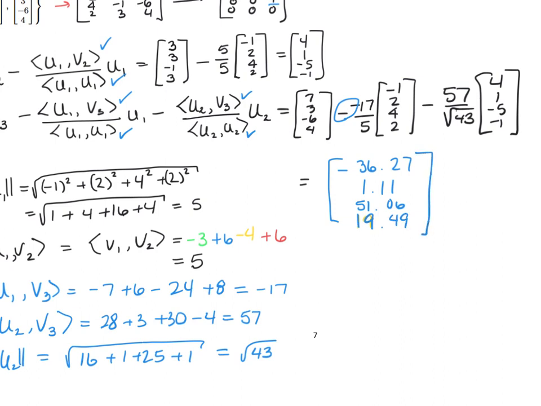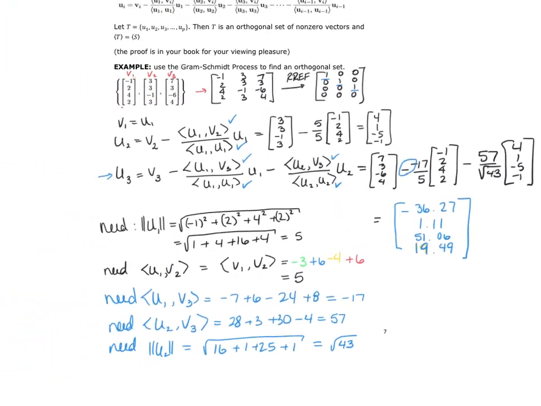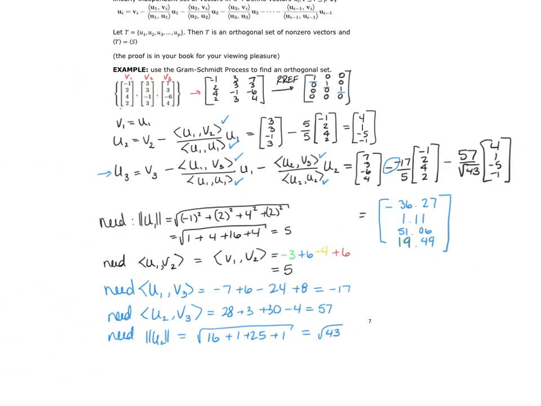So my orthogonal vectors are this. My orthogonal set T is going to be my first vector, which is negative 1, 2, 4, and 2. My second one, which is 4, 1, negative 5, negative 1.